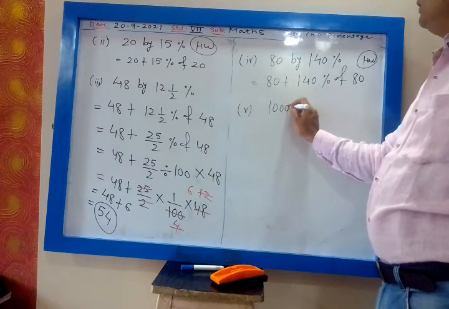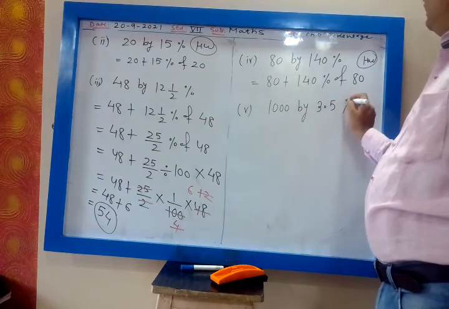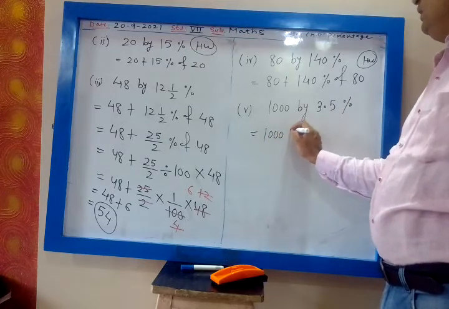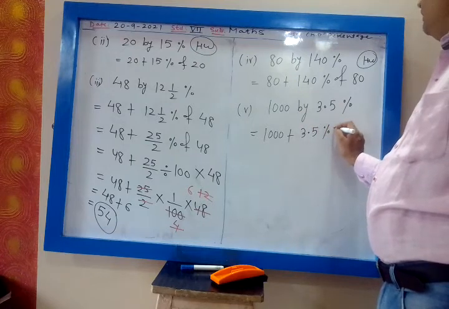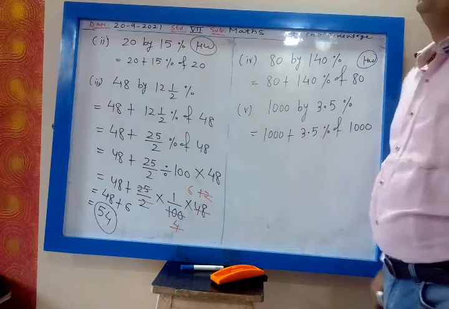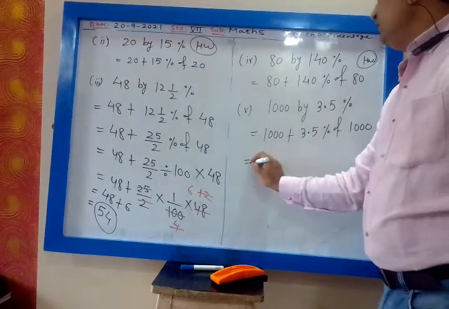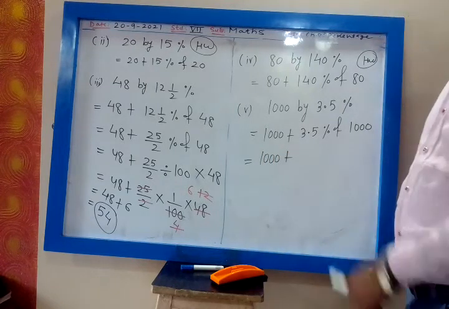How will you do this? That will be 1000 plus 3.5% of 1000. Let me do this. Okay, so 1000 plus, what do you mean by 3.5%?